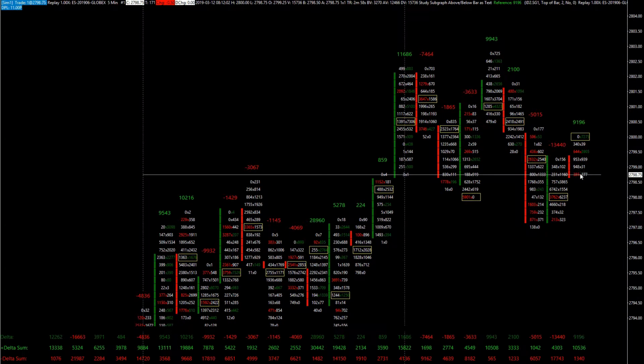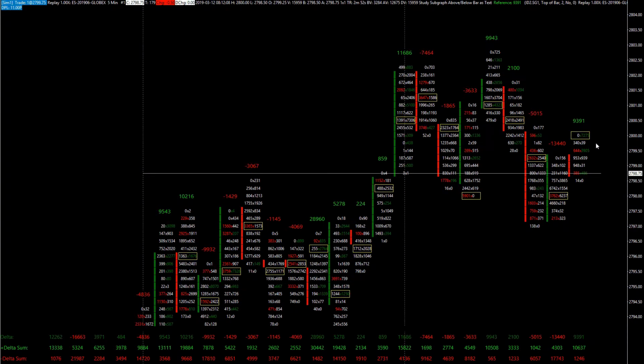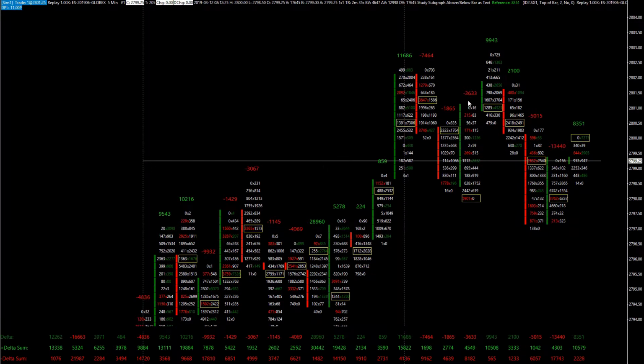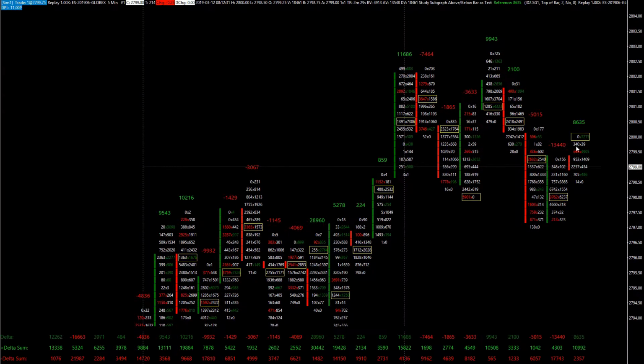At this point it dropped pretty quick. I'm looking for a reload here. If prices come back up here, you can expect there's going to be some form of defense from this short seller, this one player that absorbed 7,200 contracts or so. Relative to the other numbers you see here, you don't usually see 7,000 plus at one price level.